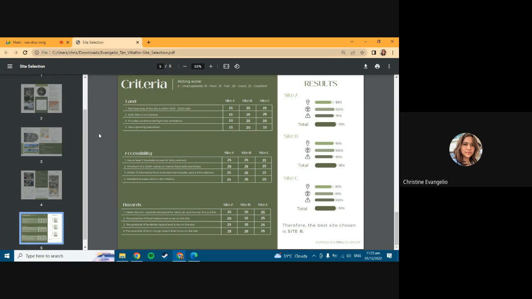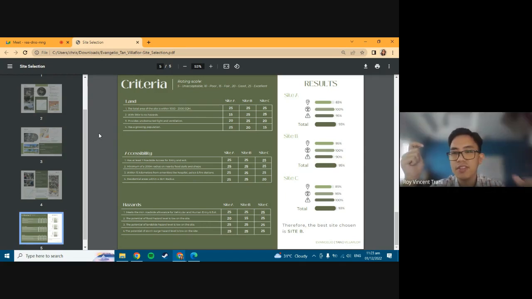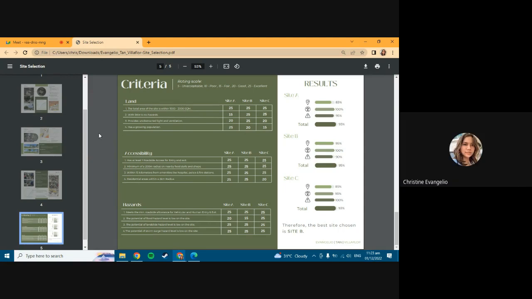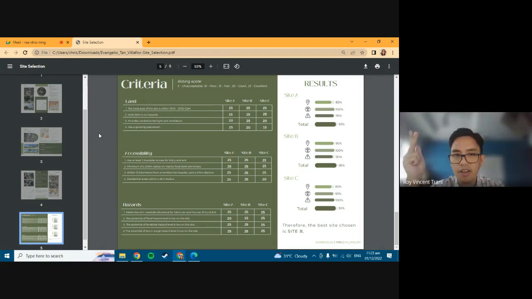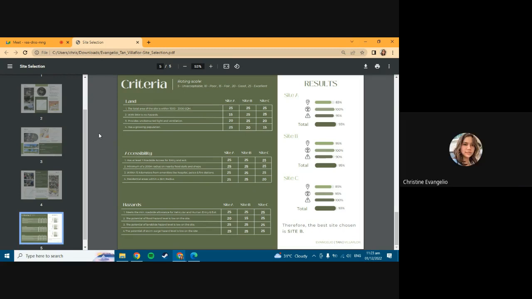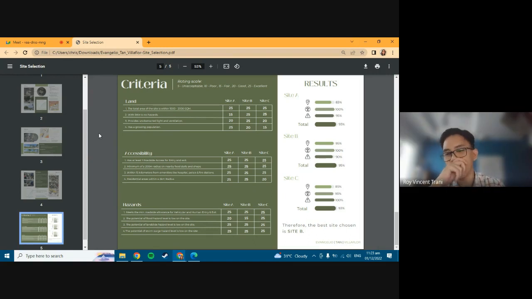What if 700 square meters? Around 20, sir, because considerably small but might compromise the objective. Okay, so 500 is 5, 700 is 20. I mean, 10, sir. Okay.